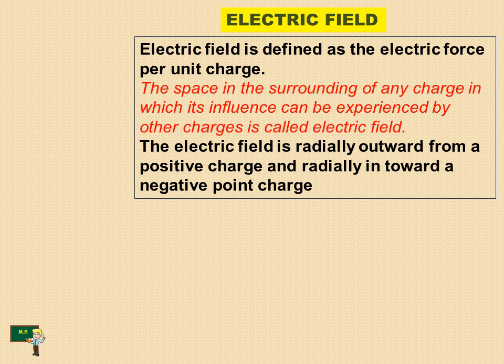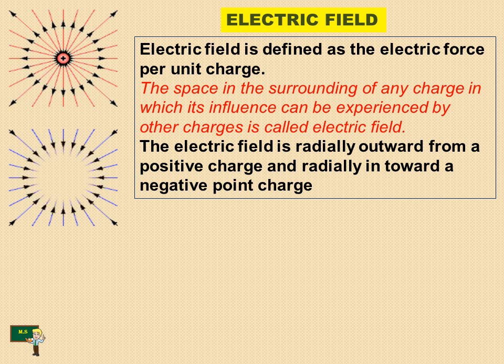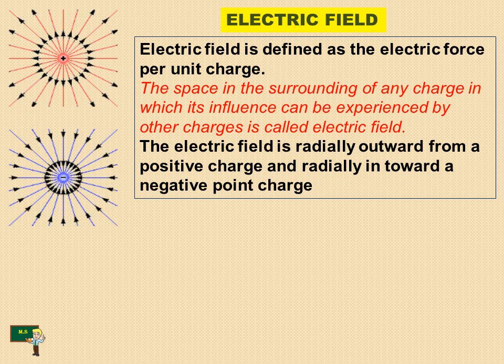And let's see what it actually tells about this field which this electric charge acquires: the space in the surrounding of any charge. Can you see this picture? Yeah, this is a positive charge. Now, this is the electric field from a negative charge.